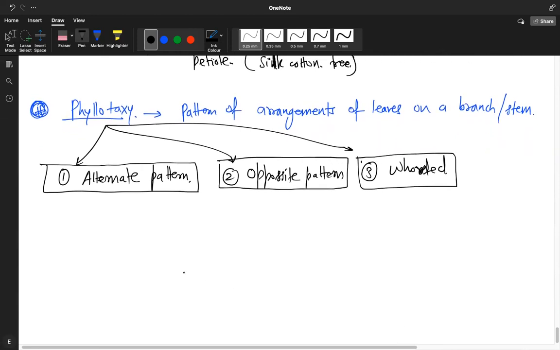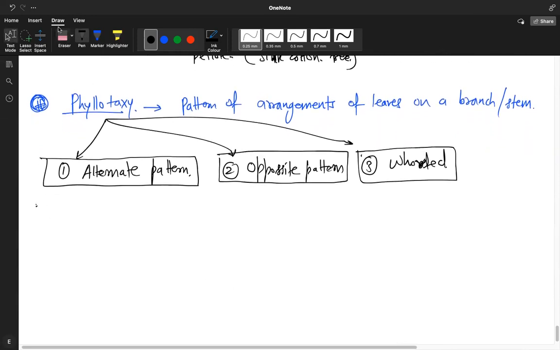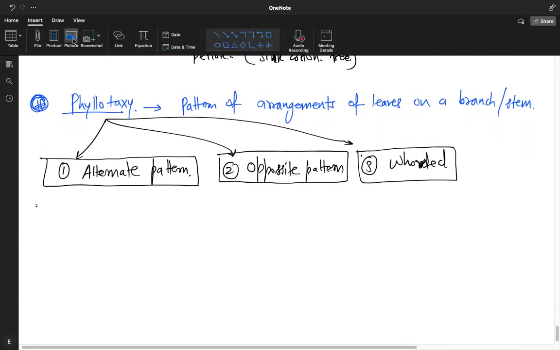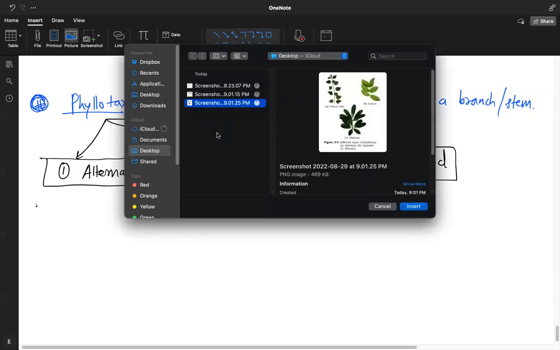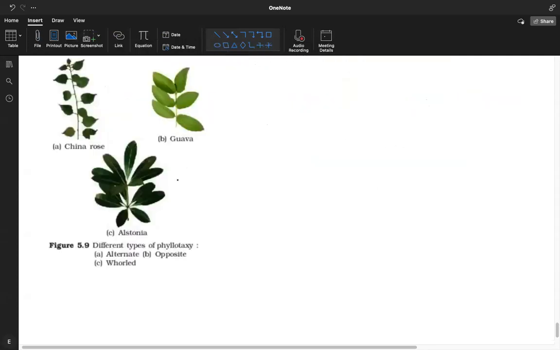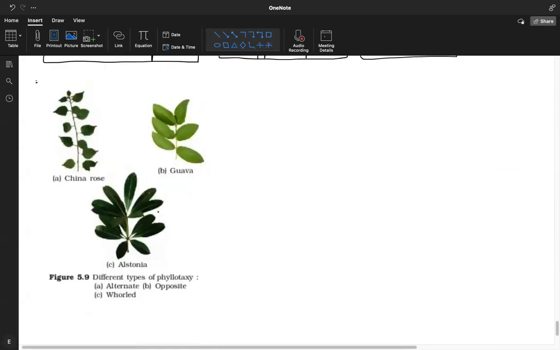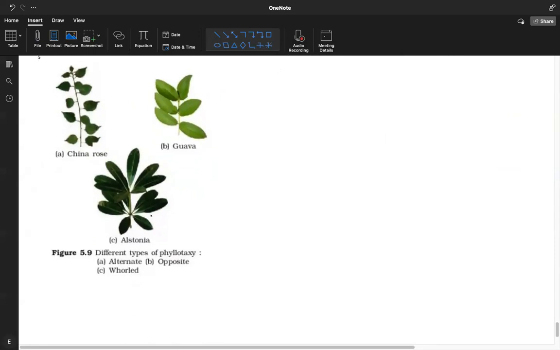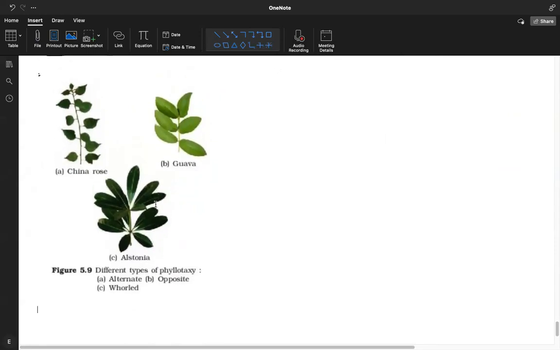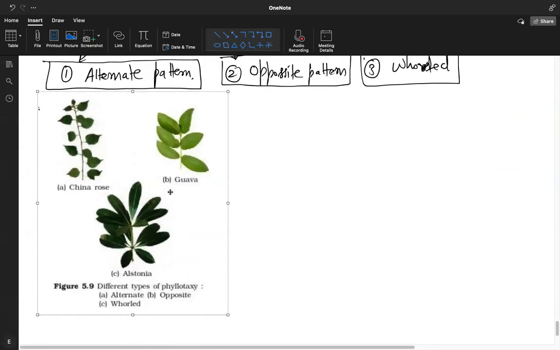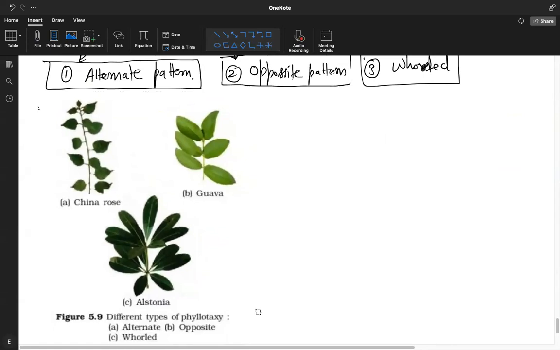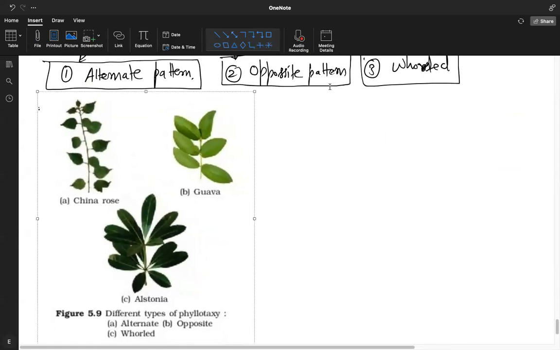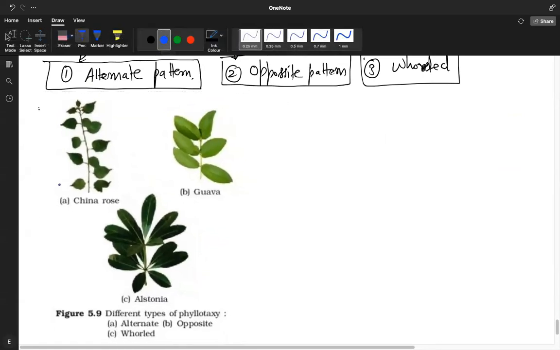Okay, leaf patterns. Now, to give you a better context, do you all have NCERT with you? Yes, this is it. Can you see this picture, everyone? Let me make it a little bigger. See this?